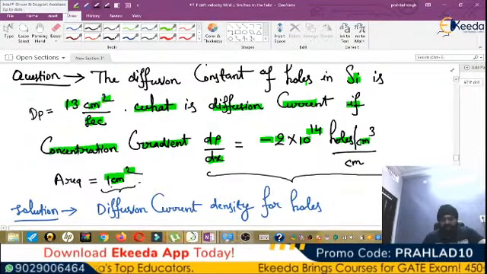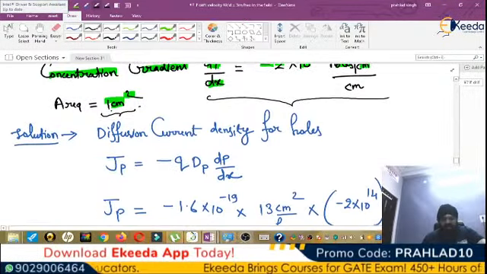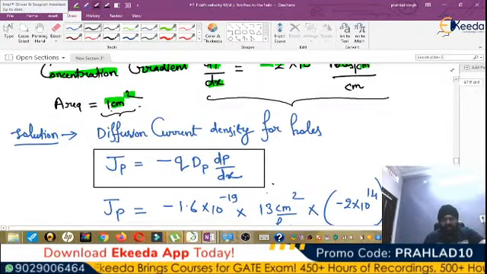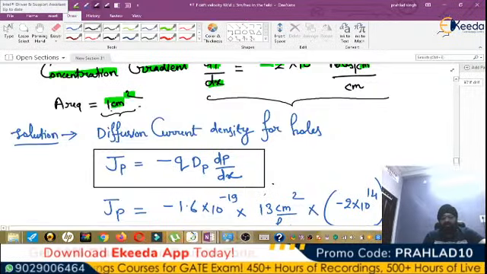So the diffusion current density for holes, the formula for this is minus of q into Dp into dp over dx.